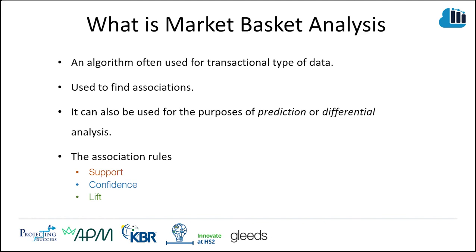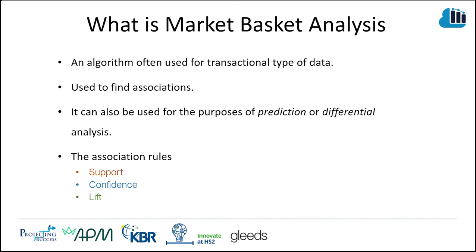We use the following association rules as a guide for analysing the associations. We have support, which is looking at the fraction of which our item set occurs, or in this case, activity, within the WBS. Then we have confidence, which is the probability that an item is likely to be associated with another item.